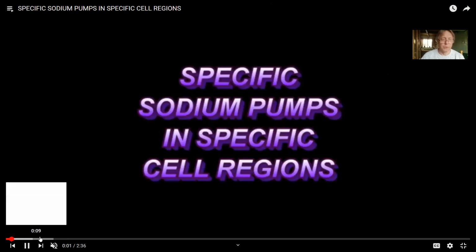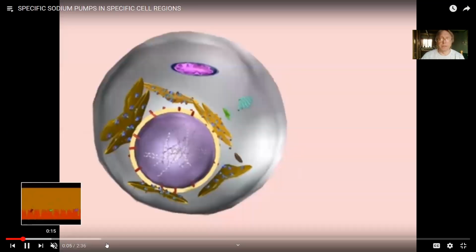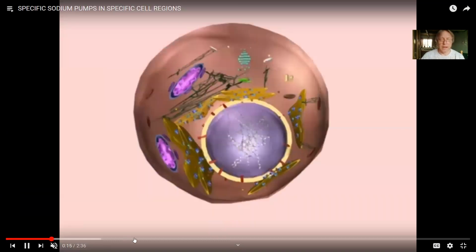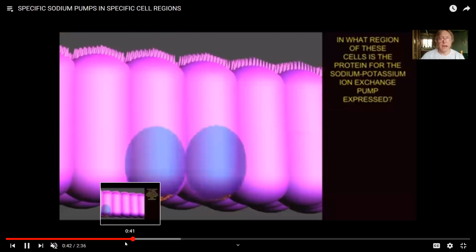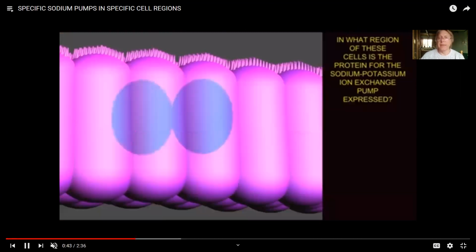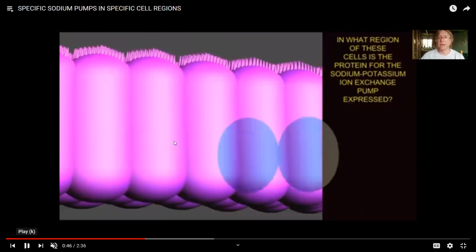Before I go back to that video, just to repeat. Lots of cells have these sodium-potassium ion exchange pumps. But if you were to look in the tubule cells, they aren't here, on the side of the cells which face the lumen of the kidney tubule.